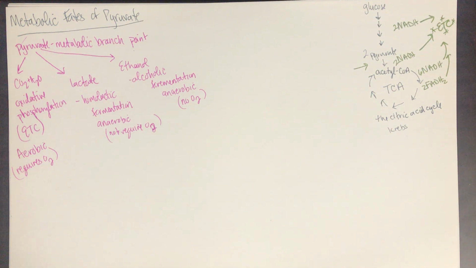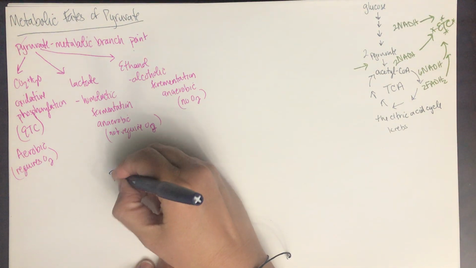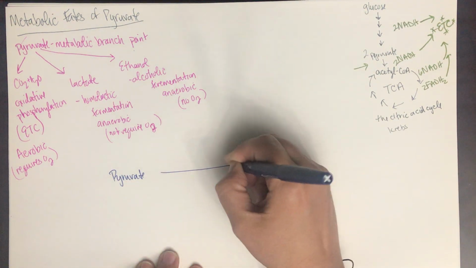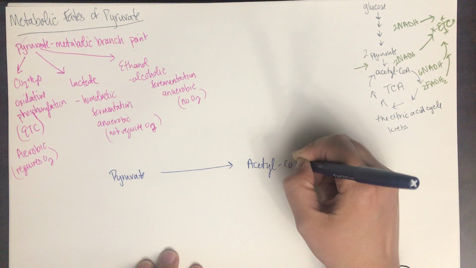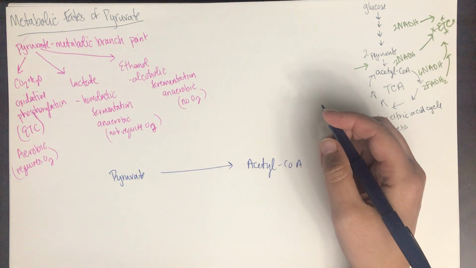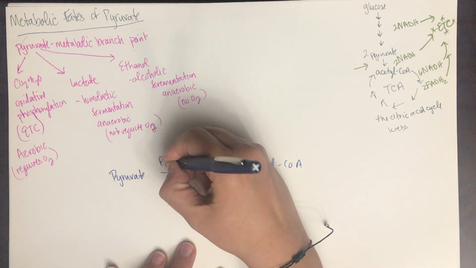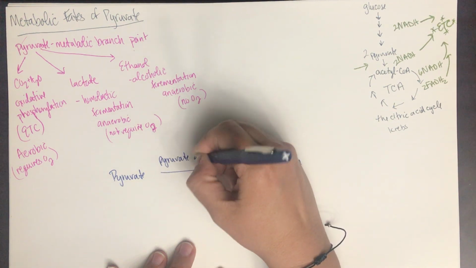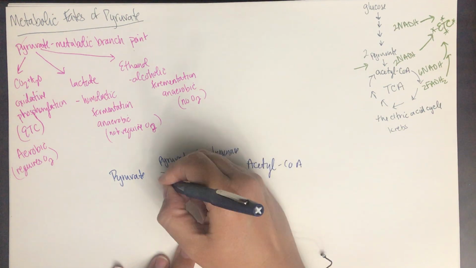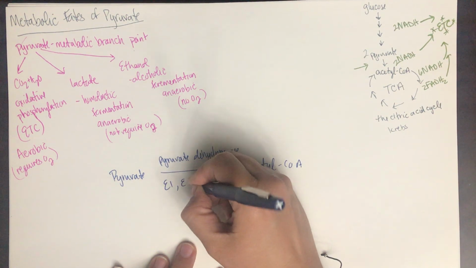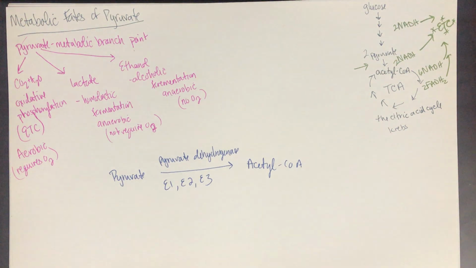And that whole complex is called pyruvate dehydrogenase. It's actually 3 enzymes: enzyme 1, enzyme 2, enzyme 3. It's a complex of 3 enzymes.